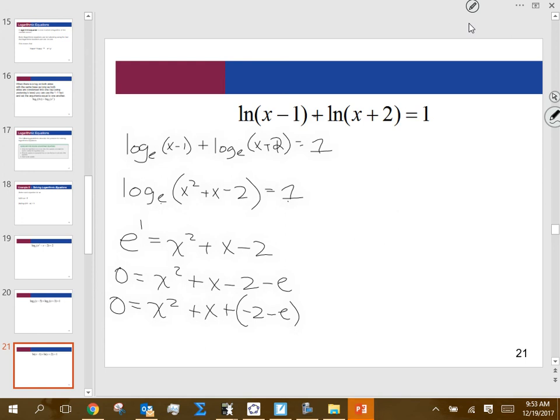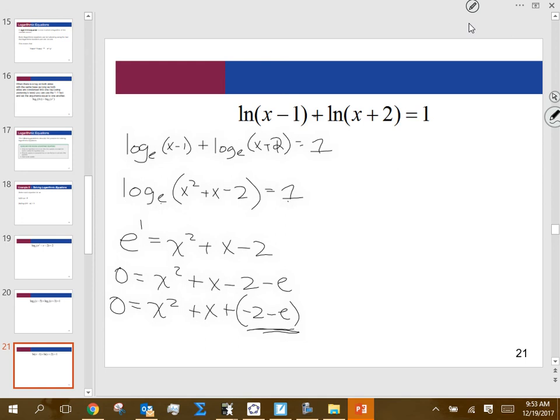When you get a c term that is irrational, negative 2 minus e, that's an irrational number. Do you know two rational numbers that will multiply together to give you an irrational number? No, right? Take any fraction or whole number multiplied by any other fraction or whole number, you're not going to get an irrational number. So it's really hard to think about two things that multiply together to give me that and add to give me 1, right?